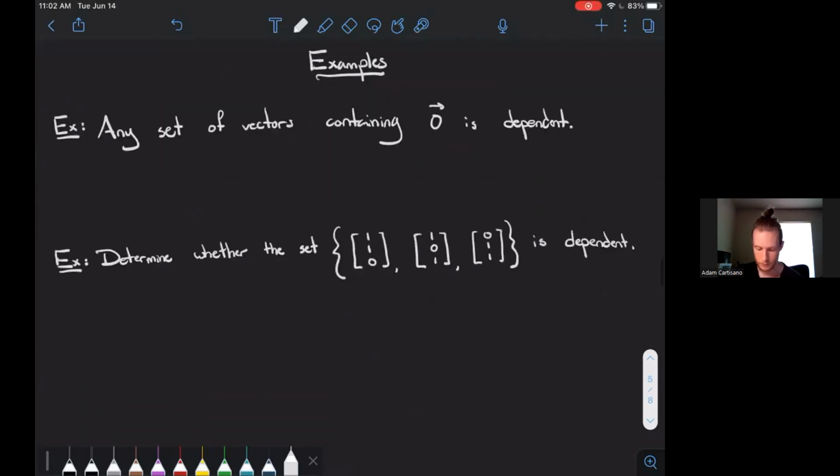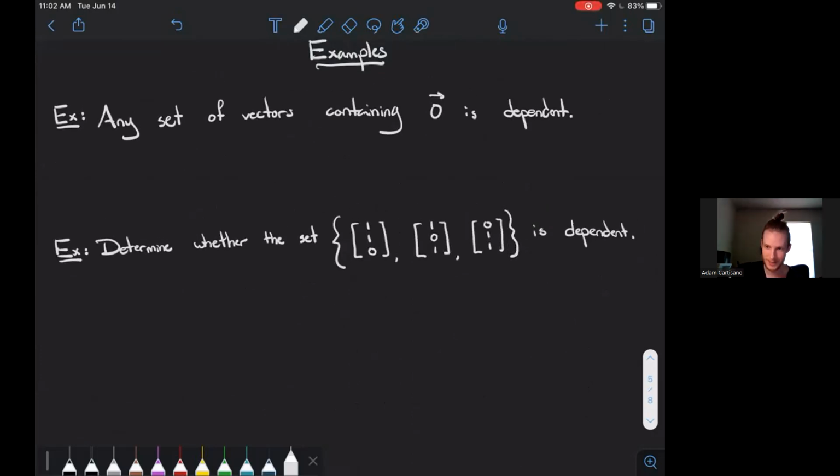Because if you wanted to create the zero vector out of a set containing the zero vector, just take 1 times the zero vector plus 0 times v1 plus all the way up through 0 times vk.